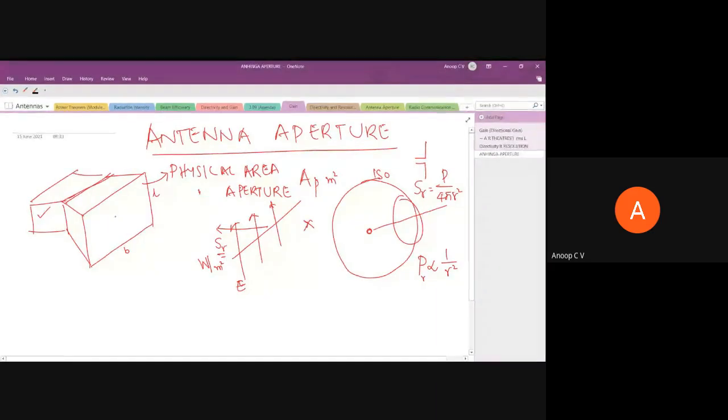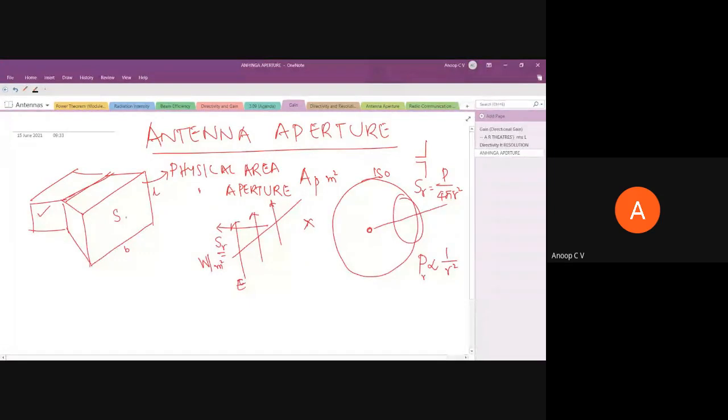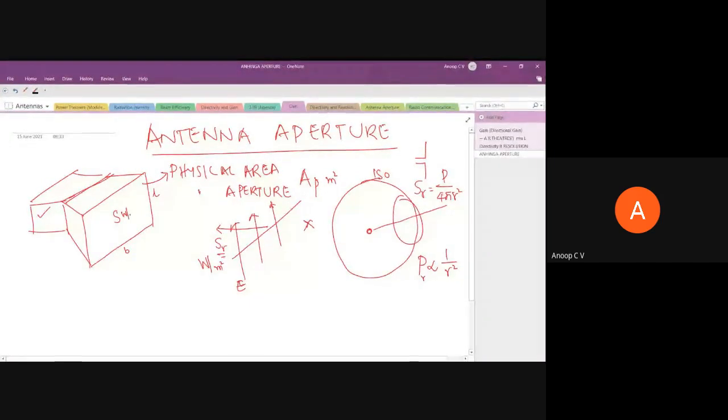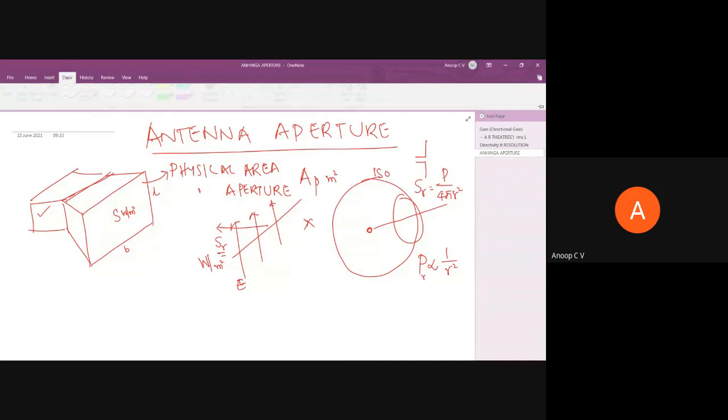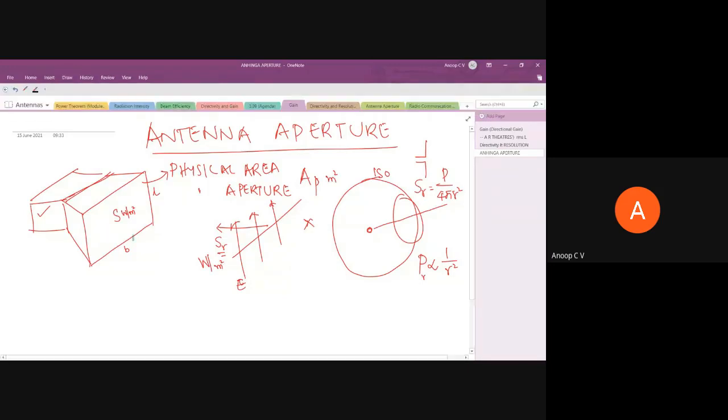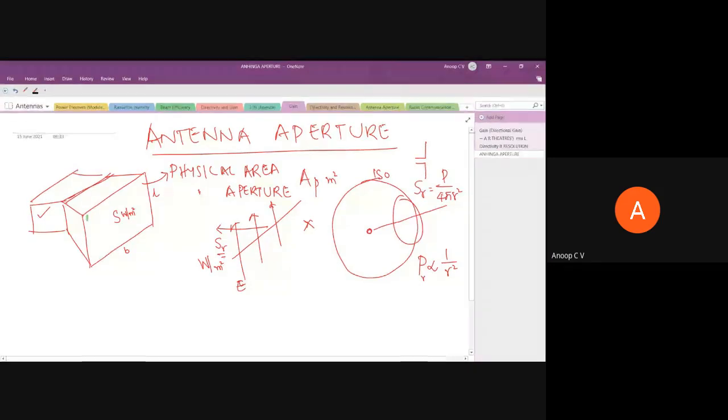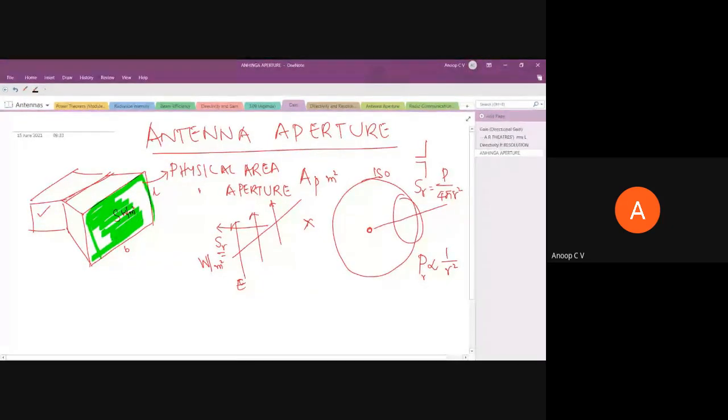If S watt per meter square is the power density at the place where the antenna is placed, this antenna will be able to capture power only from this given area. The power radiated outside of this it won't be able to capture.